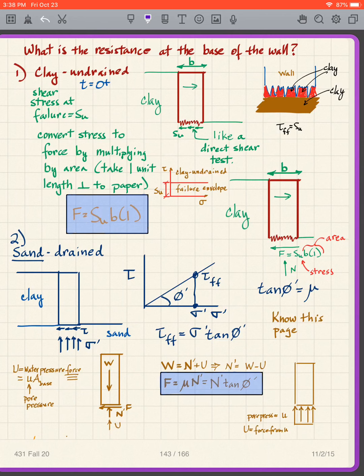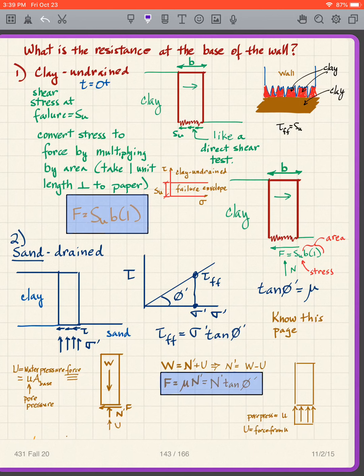And so what we're going to do is look at the vertical equilibrium of this wall. For instance, I've got the weight of the wall, and so this wall has got to be in equilibrium. So I'm going to have vertical forces going upward that are equal to the weight of the wall. I'm going to break those vertical forces into a pore pressure force and an effective stress force.